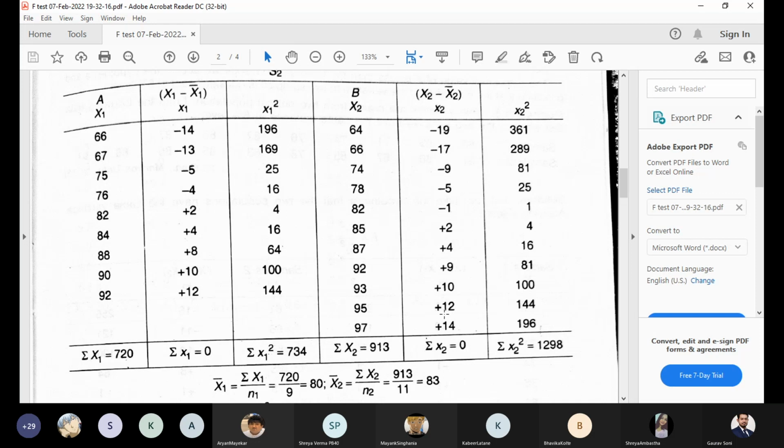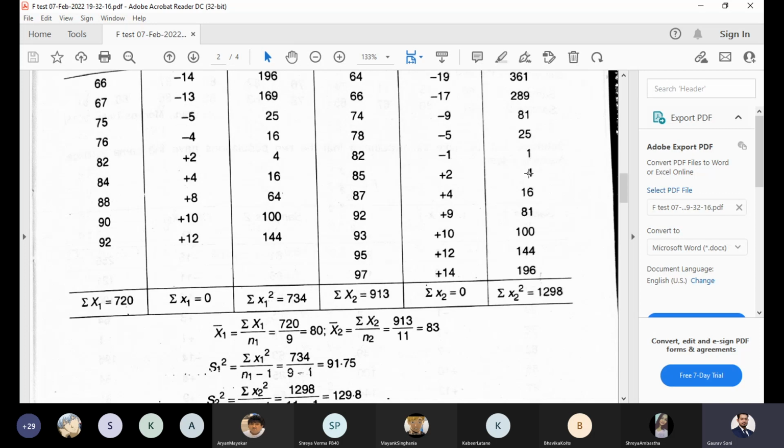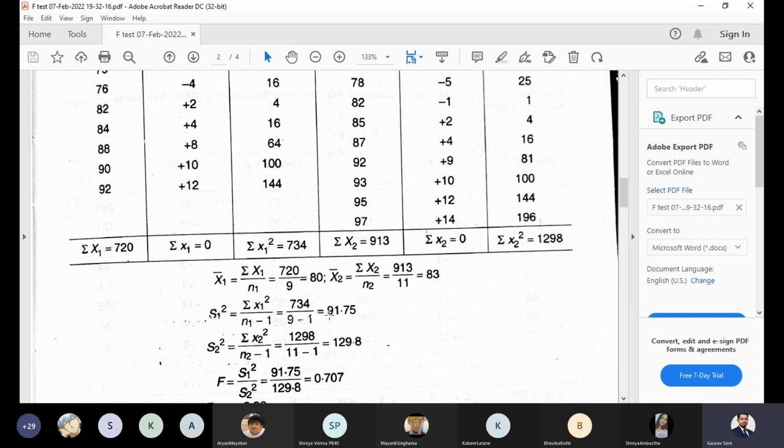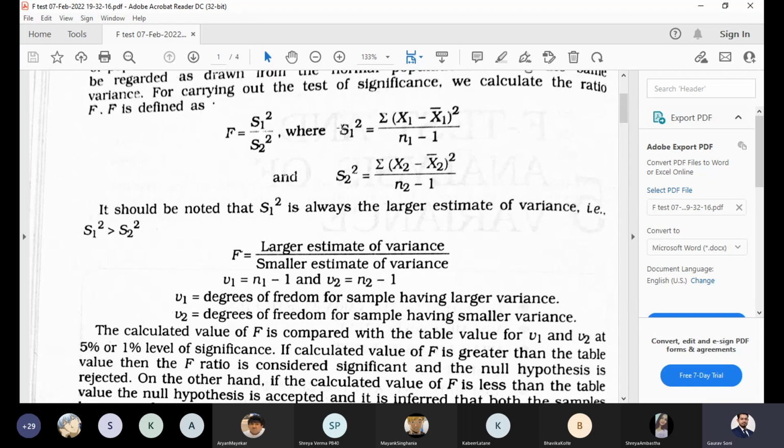Okay. So x1 square we have found out, x2 square we have found out. Why did we find this out? Let's go for the formula for s1 square. S1 square is summation of (x minus x1 bar) square.